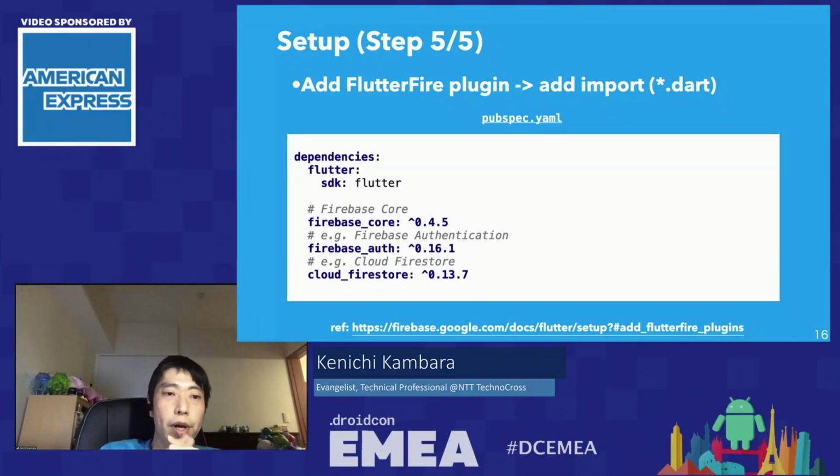For example, for using Firebase Core, I must define a Firebase Core plugin in this file. In the same way, for using Firebase authentication, I must define the Firebase auth plugin. For using Cloud Firestore, we must define the Cloud Firestore plugin in this file.